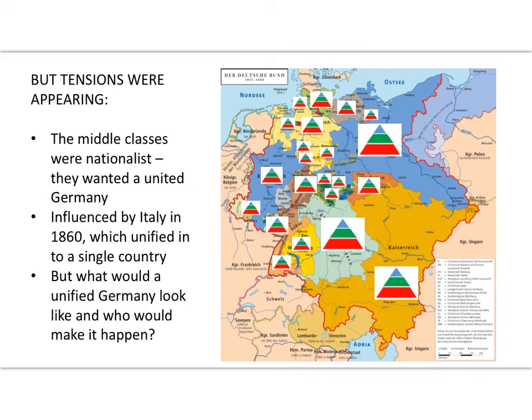Well, the middle classes' wealth is based on developing industry. They felt that having 38 small, separate little Germanys didn't make any sense. If there was a single united Germany, then it would open up more markets, for example, for them to sell their goods, to buy and sell.